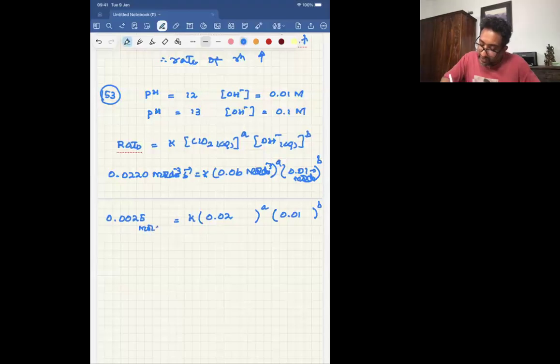Moles per cubic decimeter per second. And K, 0.024 is equal to K times 0.02 to the power a, 0.1 to the power b.